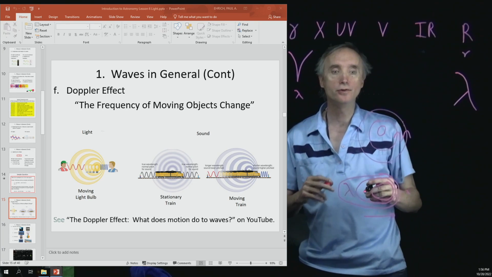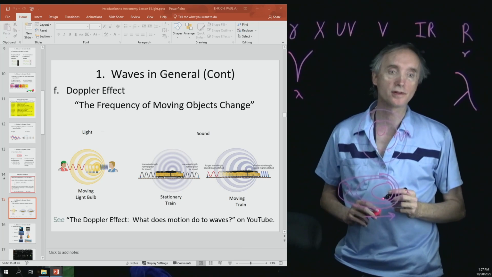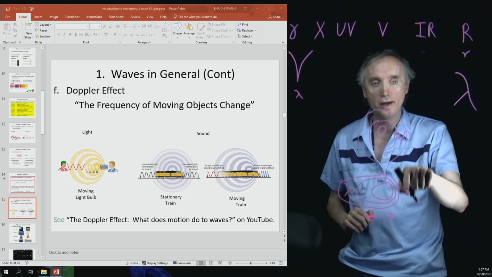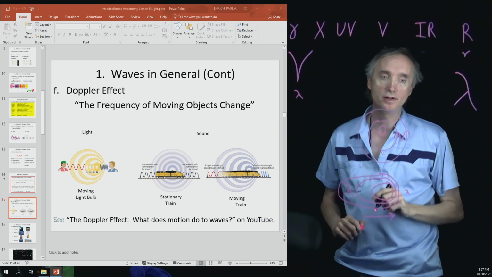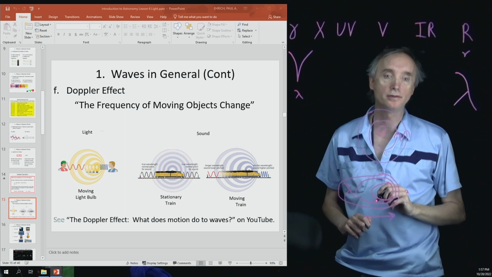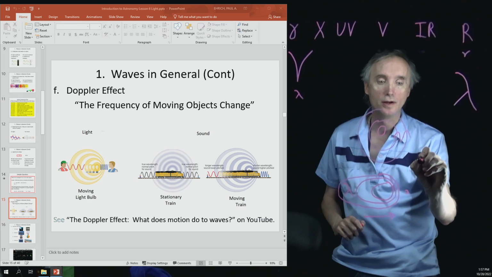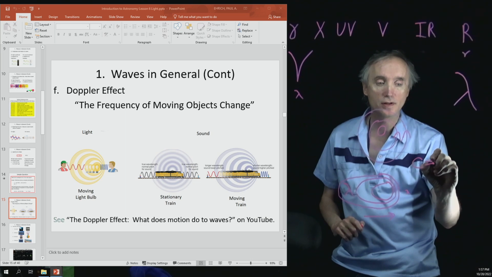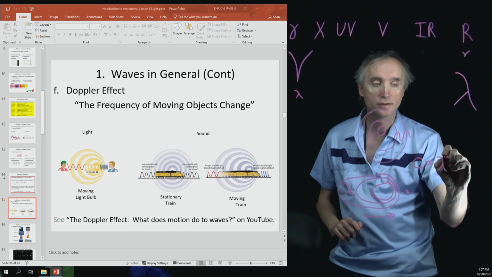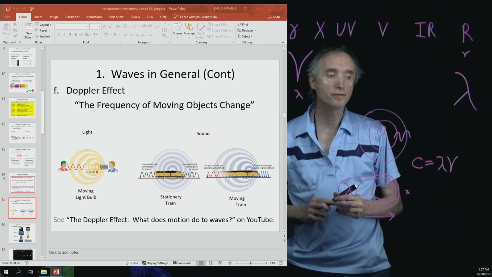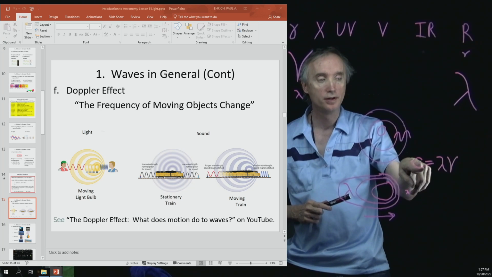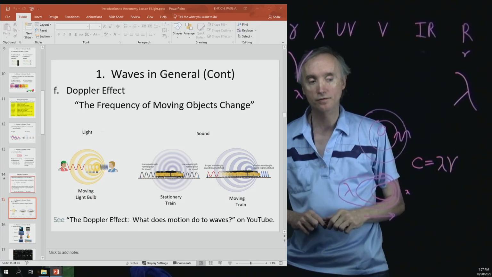Now, what does that tell you about the frequency? If the wavelength gets small, what would the frequency do in order to compensate? Well, we know that c is equal to the wavelength times the frequency. That was our definition: the speed of a wave is its wavelength multiplied by its frequency.